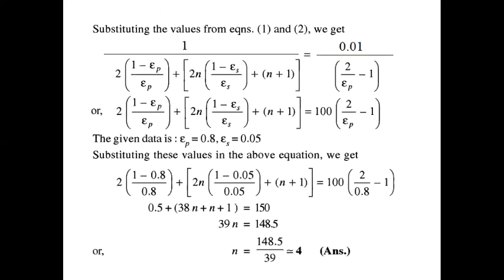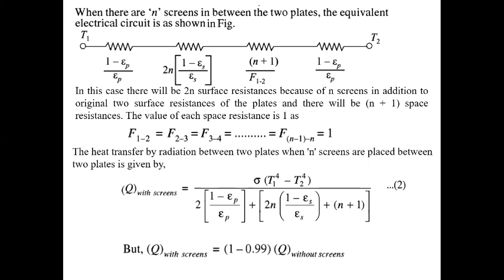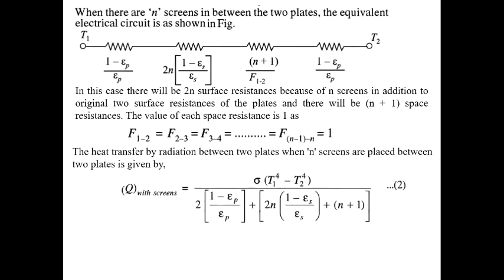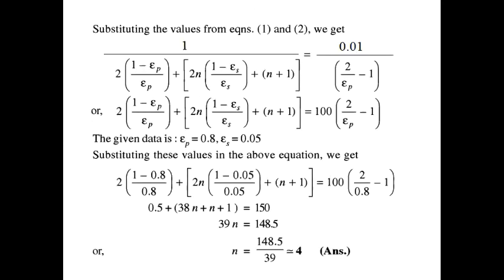From this formula, the upper terms sigma T1 to the power 4 minus T2 to the power 4 on both sides cancel out, and this 1 and 2 also cancel out. So we can write 1 by 2 into 1 minus epsilon p plus this equals 0.01 into, since 1 minus 0.99 equals 0.01, divided by twice into 1 by epsilon p minus 1.